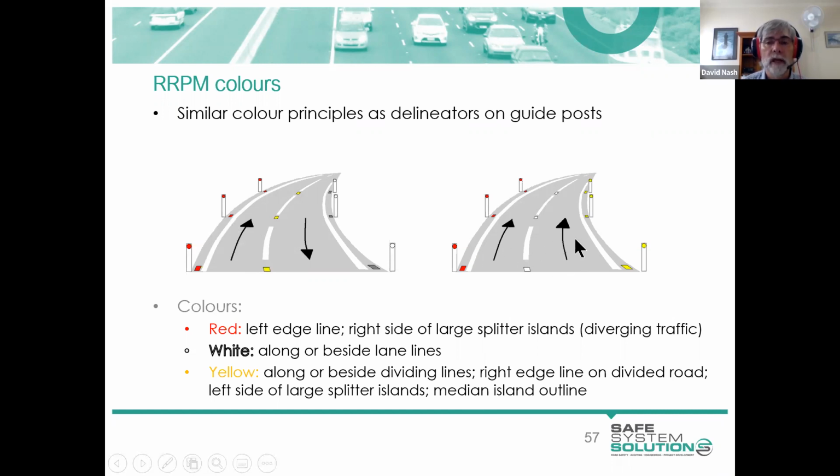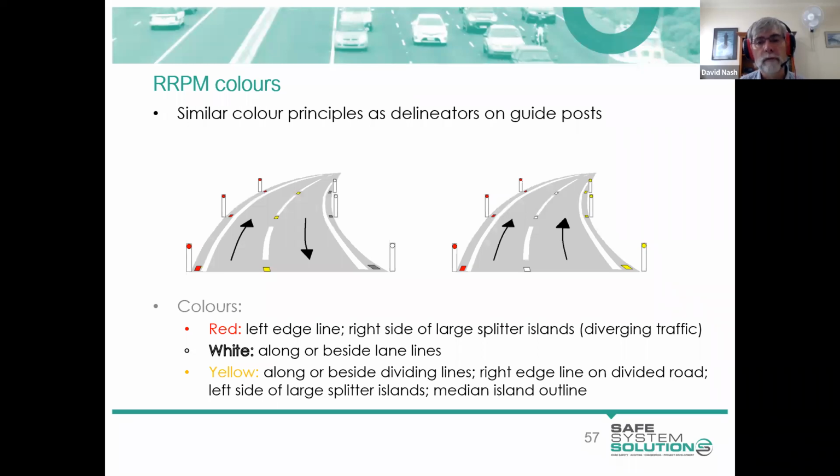So if you've got two lanes in the same direction, then the RRPMs on the lane line are white, and the RRPMs on the right-hand side of a one-way carriageway are yellow to reflect the same colour as the delineator. And by the way, the RRPMs on the right-hand side here are blank facing this direction of travel, but they would be red facing the opposite direction of travel.